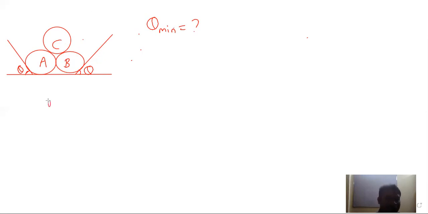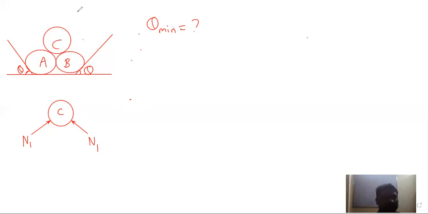So suppose I consider cylinder C. This is cylinder C. Let us see what are the forces acting on cylinder C. One force is as shown. It is the normal reaction of cylinder A on cylinder C. Another is the normal reaction of cylinder B on cylinder C. Let us call this normal reaction N1.